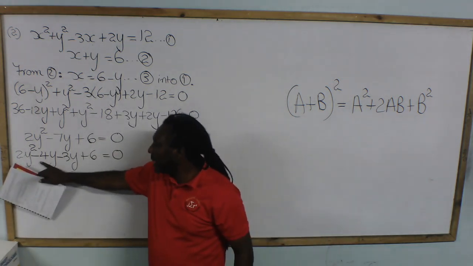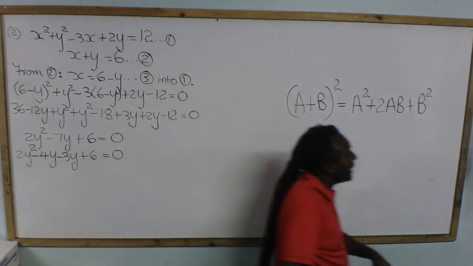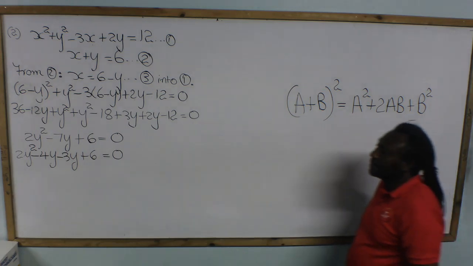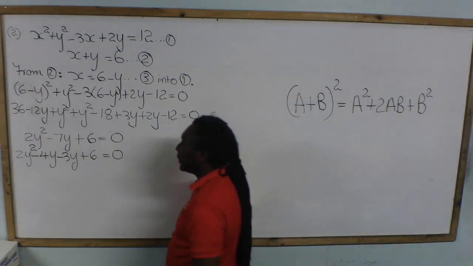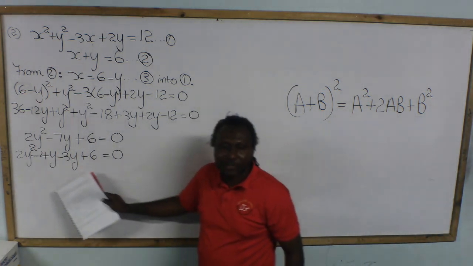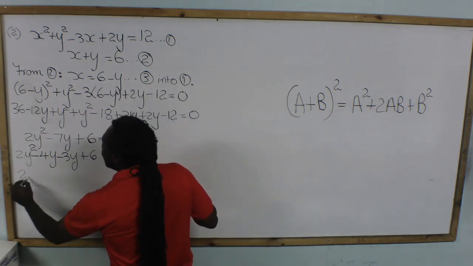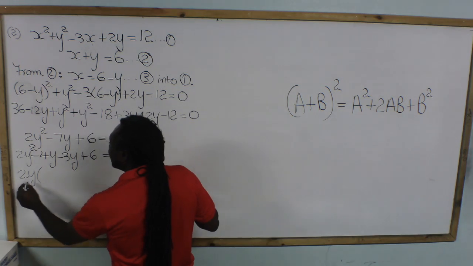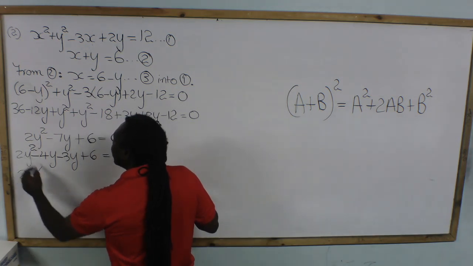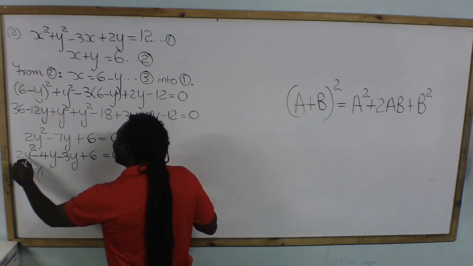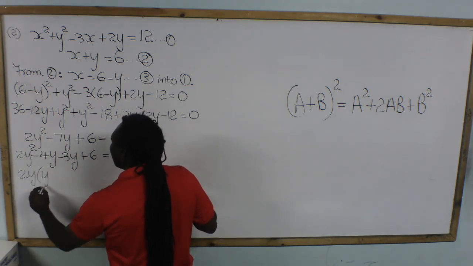And then we have -4y minus 3y plus 6. Now let us go and factorize this. What's common in these two? 2y, and we have 2y into 2y squared.